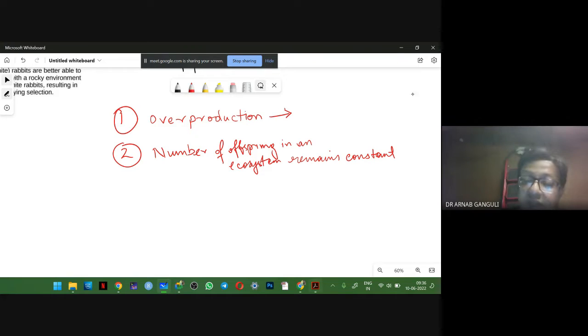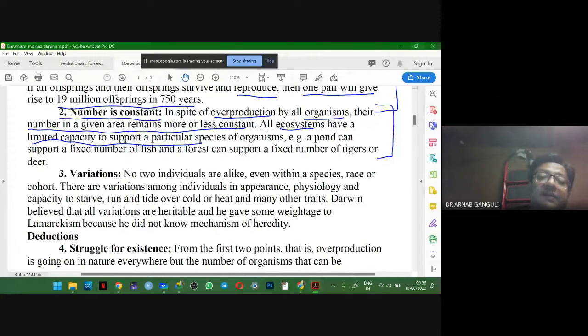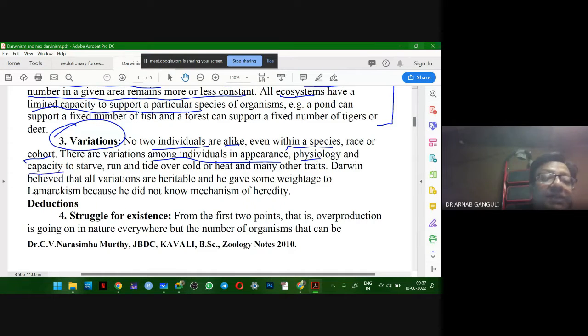Now let us go to the third aspect, variations. No individuals are alike. Even within a species, race, or cohort, there are variations among individuals in appearance, physiology, and capacity to survive.